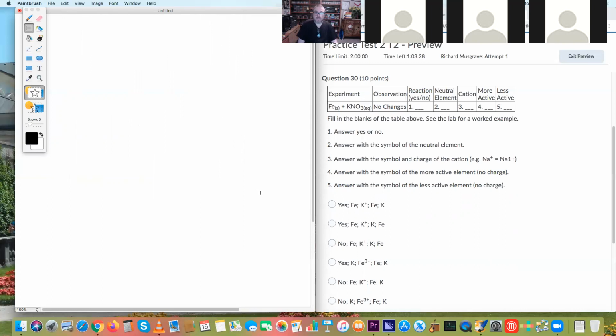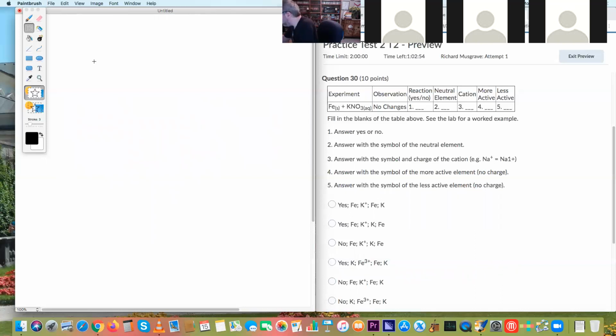So anytime there are no changes, there's no reaction. But if you got anything else in there, then there is a reaction. Doesn't matter if the magnesium disappears or not, just a change of color means a reaction. But as a general rule, if you're looking at this problem, anything in there that doesn't say no changes you should interpret as a reaction. Okay.